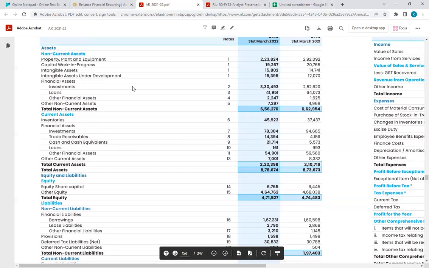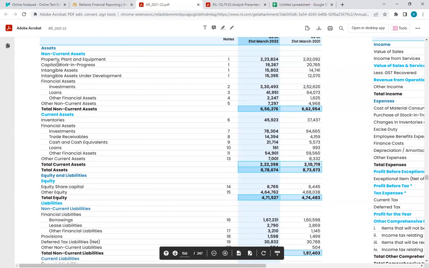Okay, and if you want to go into detail, like what properties or what plant and equipment Reliance Industries has, in-depth information can be obtained from the notes. So here, if you see, the notes section is available. They are mentioning that to get more details about this line of asset, you can refer to the notes.